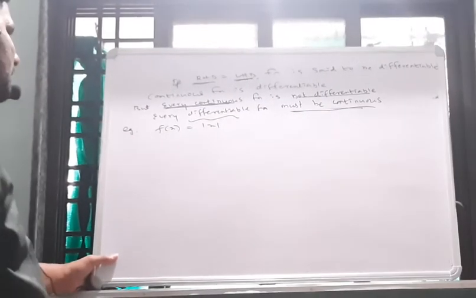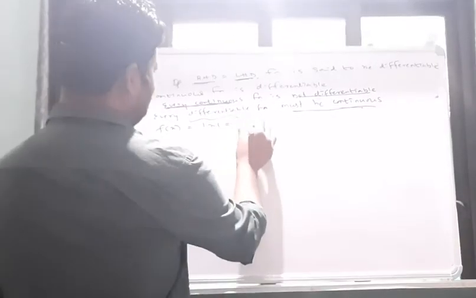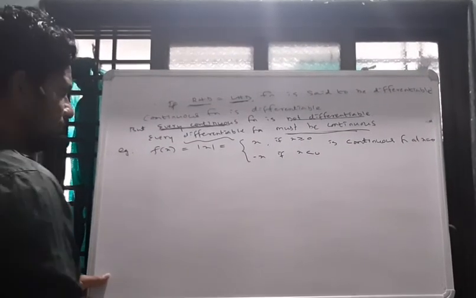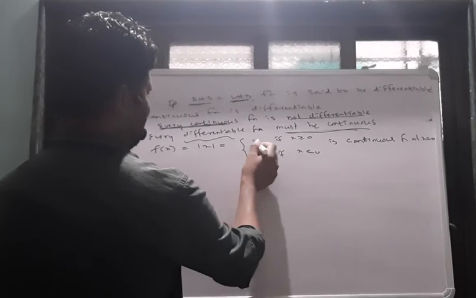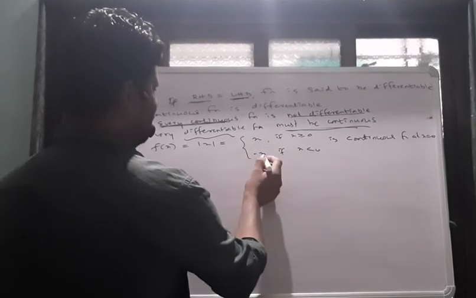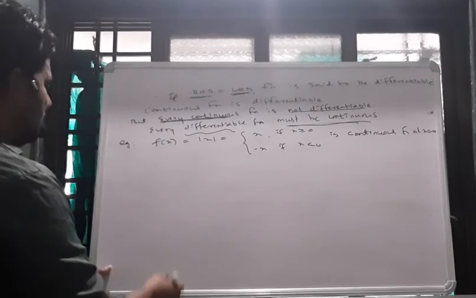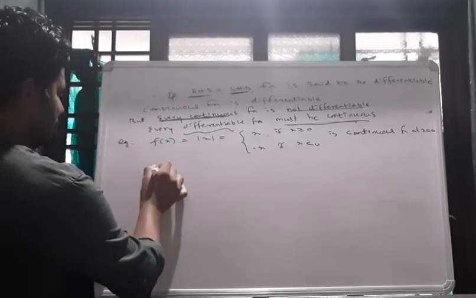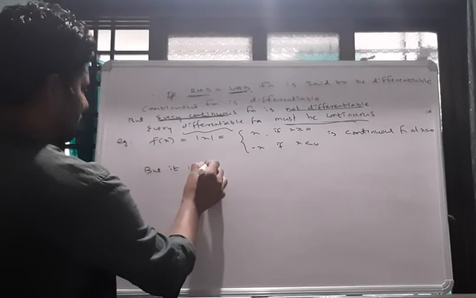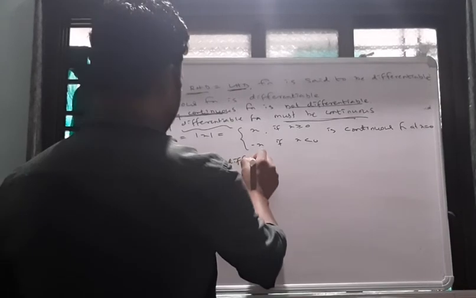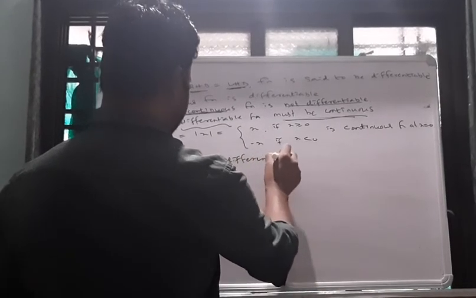The function f of x equal to mod x is continuous at x equal to 0, because the left hand limit is 0 and the right hand limit is also 0. So the function is continuous at x equal to 0, but it is not differentiable at x equal to 0.